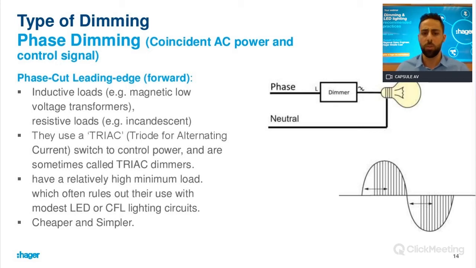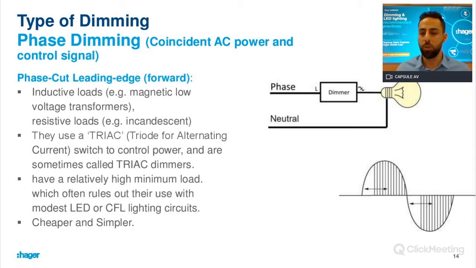Why triac? Because this is the electronic component used as a switch element to switch the light on and off. It has a high minimum load, so we cannot go too low in the minimum load, so it is not very suitable for LED. We will come to know more on this point in the dimming performance and issues.